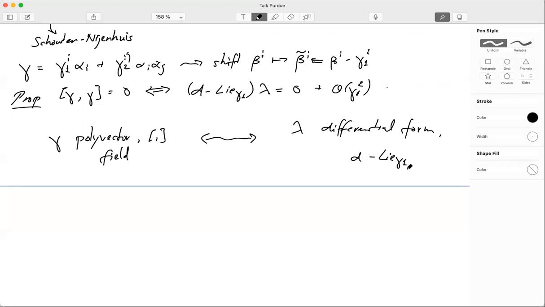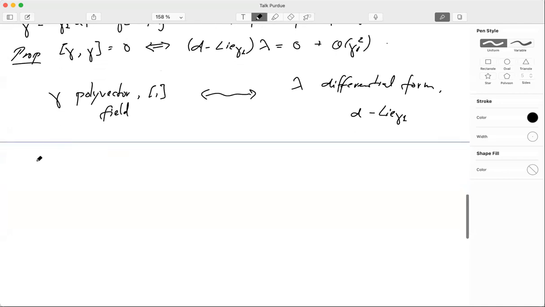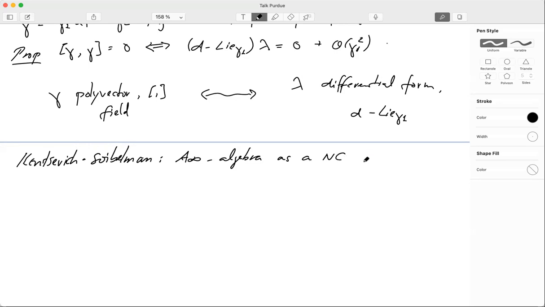So to find the non-commutative version, I'm going to think about some non-commutative object that has something that looks like polyvector fields on one side and something that looks like a differential form on the other side. The non-commutative setting that I'm going to use is this idea of Kontsevich and Soibelman of using an A infinity algebra as a non-commutative space.